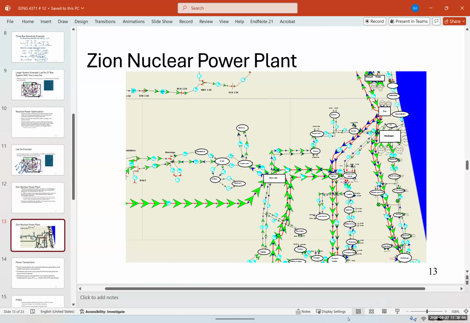Now, this slide shows the Zion plant on Lake Michigan, right on the Illinois-Wisconsin border. You can see why nuclear power plants are sited near large water bodies. You know why we usually put them, the nuclear power?